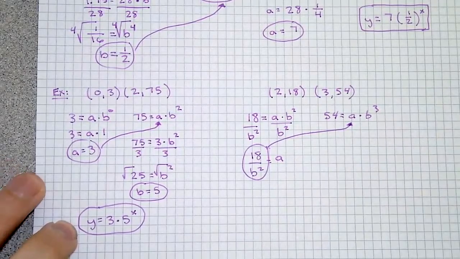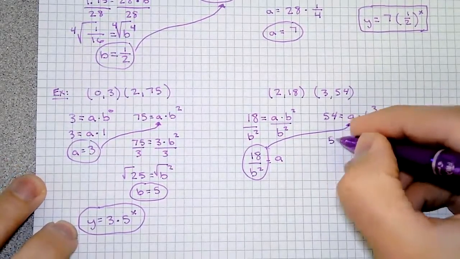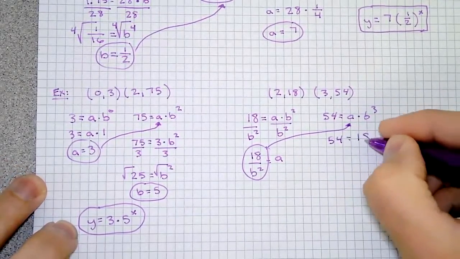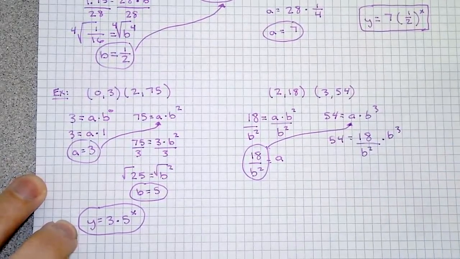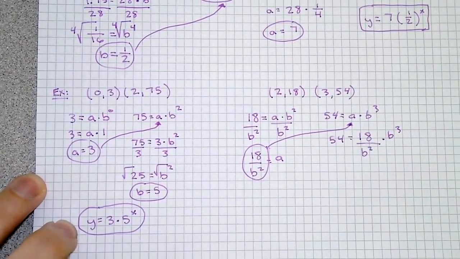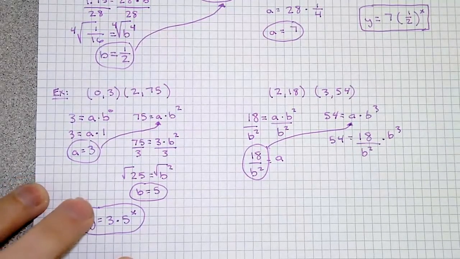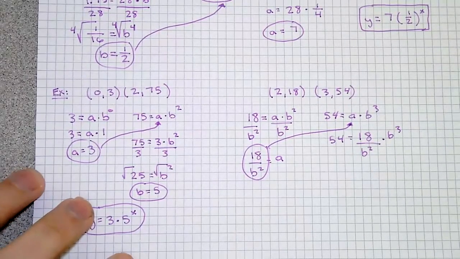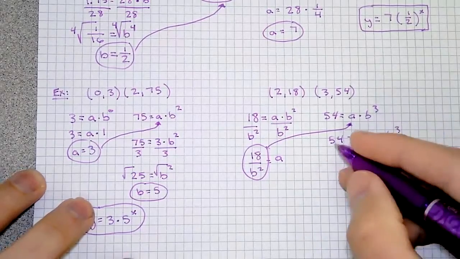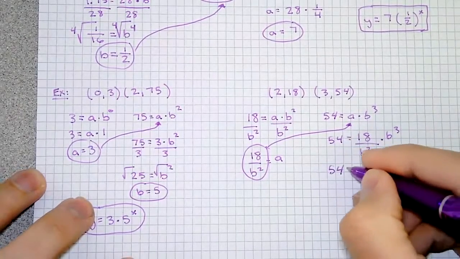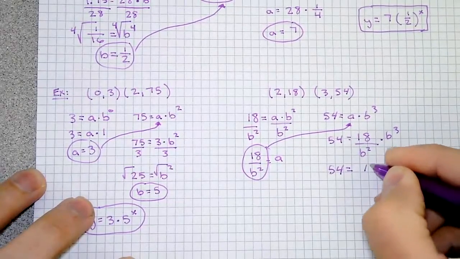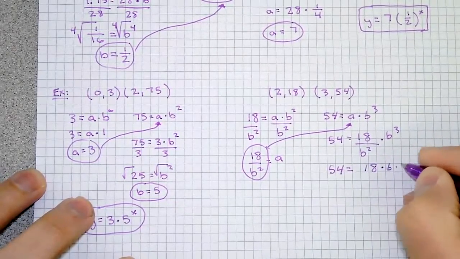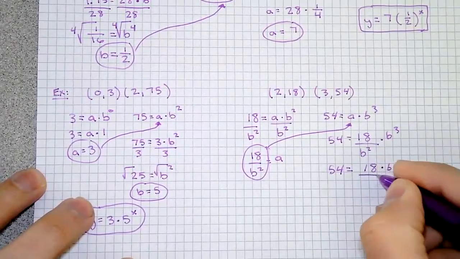I'm going to take that and plug it in for a over here. So 54 equals a divided by b squared times b cubed. One way you can write this to help simplify, if I have 3 b's on top and 2 on the bottom: on top, I have 18 times b times b times b.